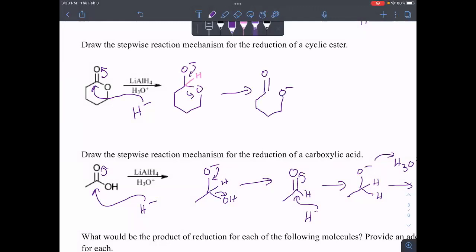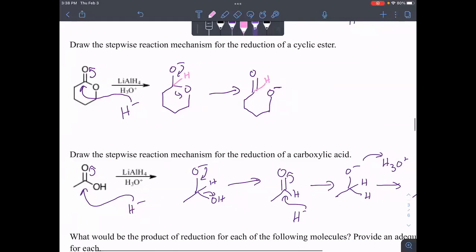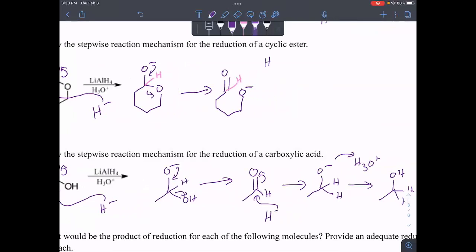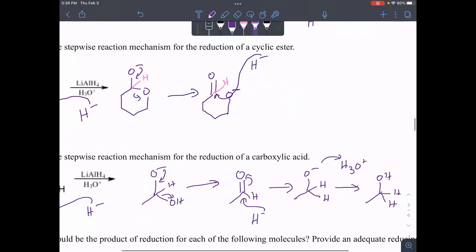So now we have an O minus over here. Now we have an aldehyde. So once we have that, we can reduce it again. So the H minus comes back, does another addition.